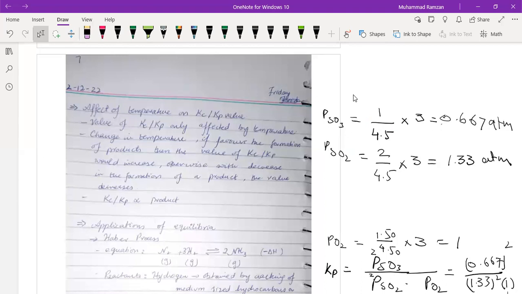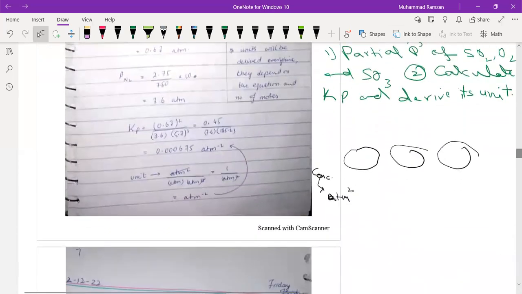Now, can you tell me the factors which can affect Kc or Kp? Temperature, pressure, concentration. Look, I'm putting the question: factors which are affecting the value of Kc or Kp.